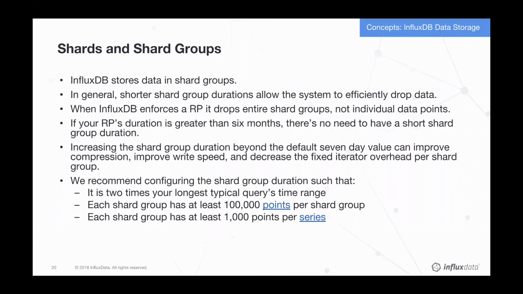Because if your shard group duration is too small and you're constantly writing points and dropping points in really small batches, then that's equivalent to writing points individually. So you want to take a look at how much data or how many series are in your shards in order to make sure that you are taking advantage of its ability to drop and write in batches.